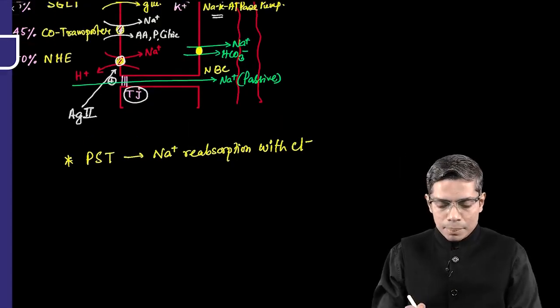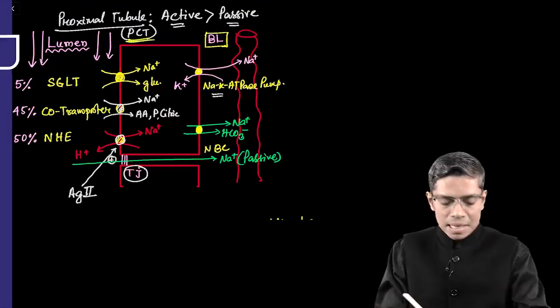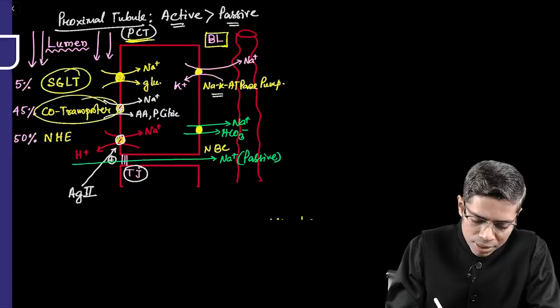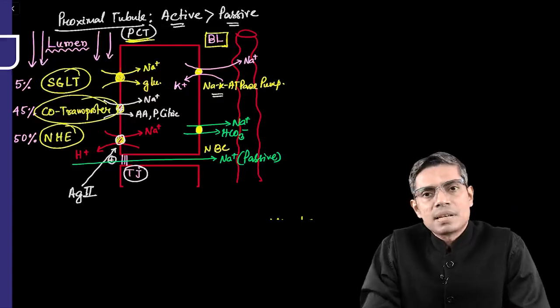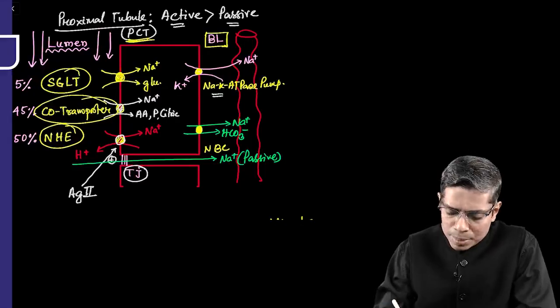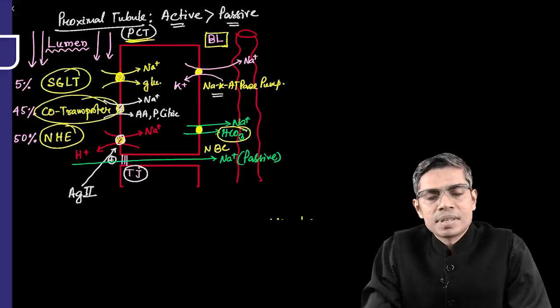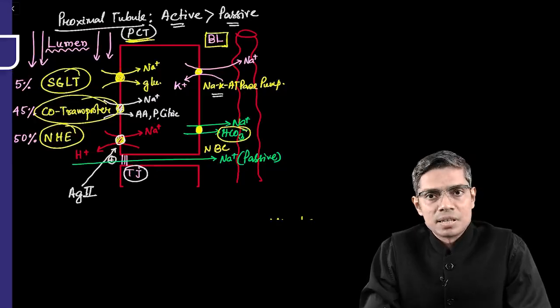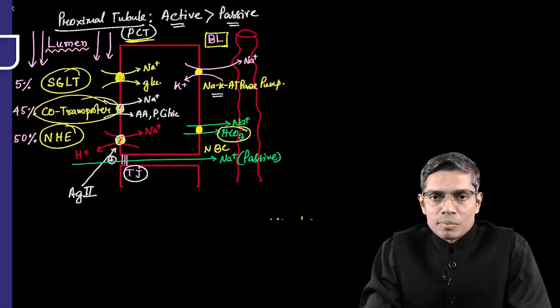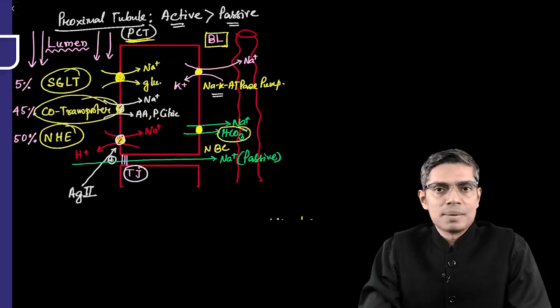Remember, in the PCT, the proximal convoluted tubule, there are SGLT, there are co-transporters, there is NHE, which is reabsorbing sodium along with various other substances like amino acids, glucose, etc. And on the basolateral membrane, it is reabsorbing bicarbonate along with sodium, right? We have not discussed chloride in the proximal convoluted tubule. The proximal convoluted tubule is a little bit impermeable for chloride reabsorption.